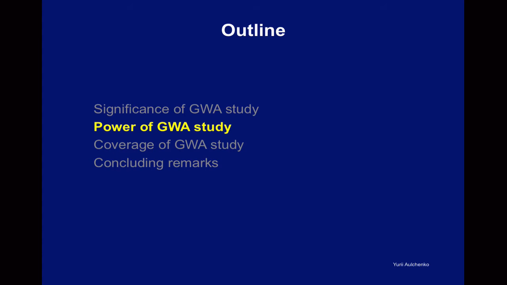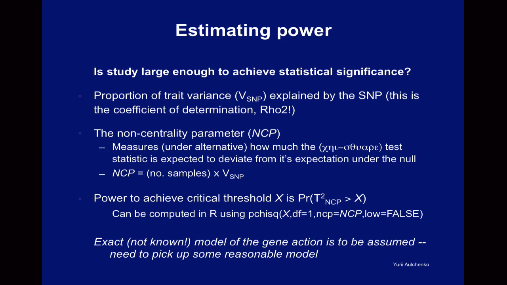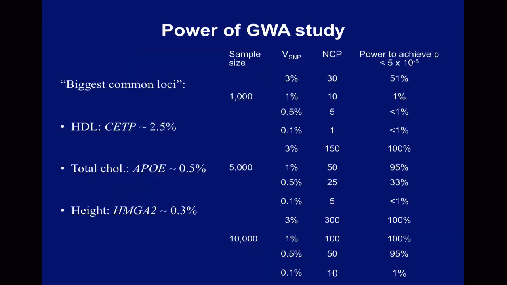Now I'm going to say a few words about the power of genome-wide association studies, and I will jump directly to this table. What I show in this table is, for certain sample sizes, 1,000, 5,000, 10,000 individuals, and a SNP that explains a certain proportion of variance, which I vary from 3% to 0.1%, how much power you have to find the association to this SNP at the genome-wide significant p-value.